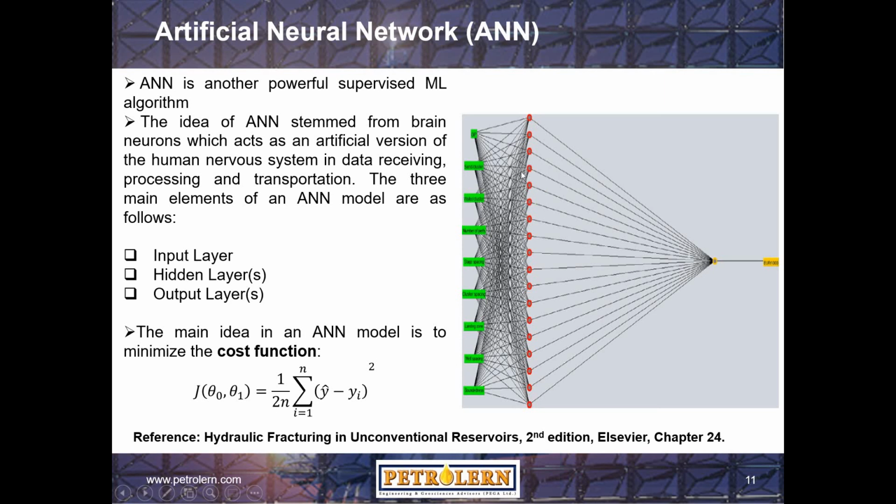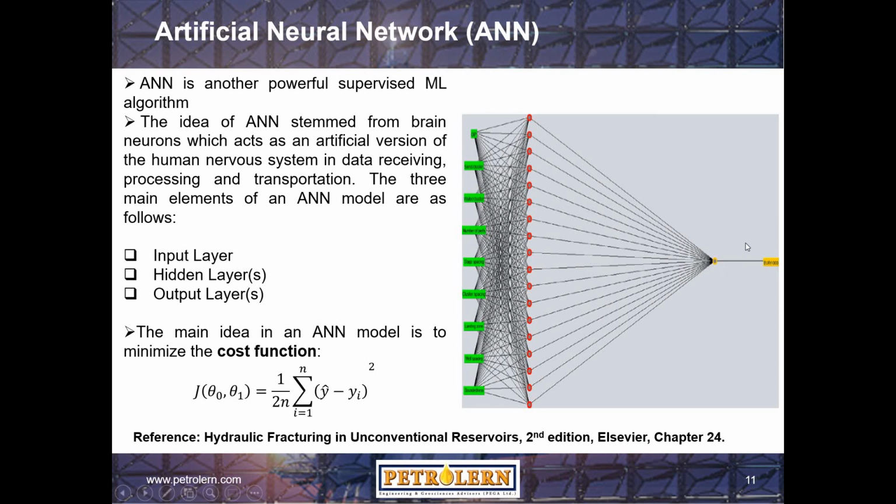So let's just say I have a weight of x1, weight of x2, x3, and so on and so forth on these hidden neurons, and I'm going to predict my EUR per 1,000 foot to be 2.5.